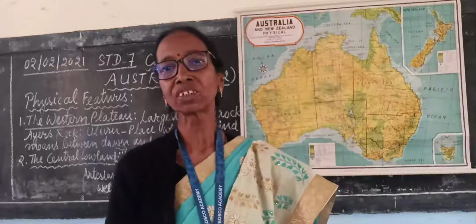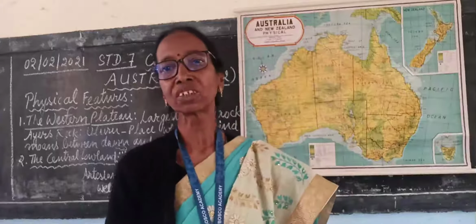There are many large deserts located in this region: Great Sandy Desert, Gibson Desert, Great Victoria Desert and Great Australian Desert. All these are deserts because of very less rainfall in this region.